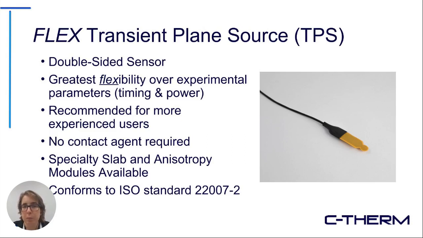It is recommended for more experienced users, so that you know how to, for example, set up valid test times and power parameters to get good quality data. But it has a few advantages. It doesn't require contact agents, and there's some specialty slab and anisotropy modules available. As well, it conforms to the ISO standard 22007-2.